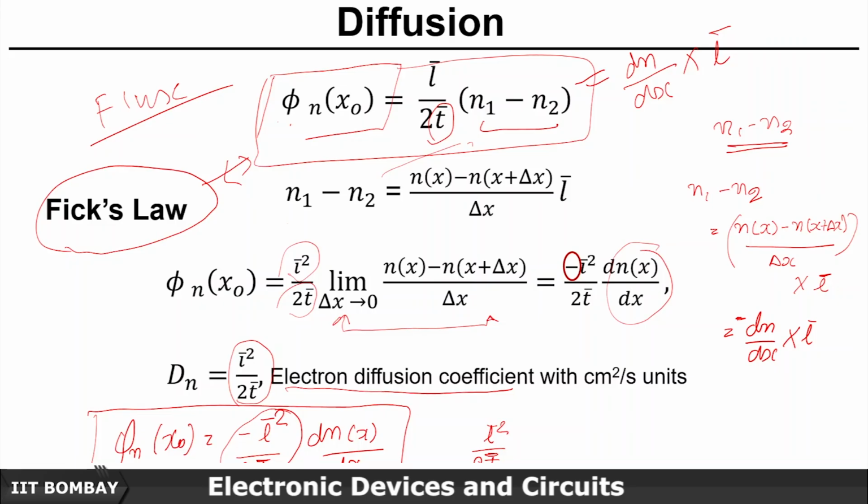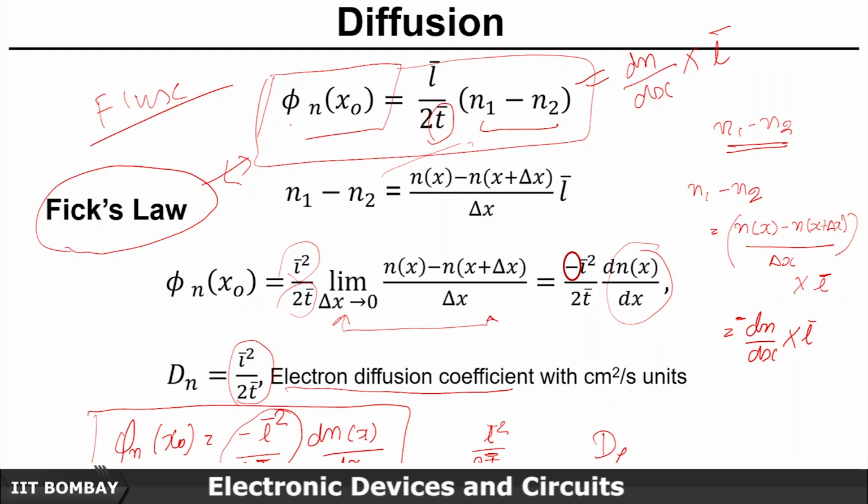The same applies to the hole, where it is known as the hole diffusion coefficient. They are represented by D subscript p and D subscript n. The unit, evident from L bar square, is distance square divided by time, normally expressed in centimeter square per second.